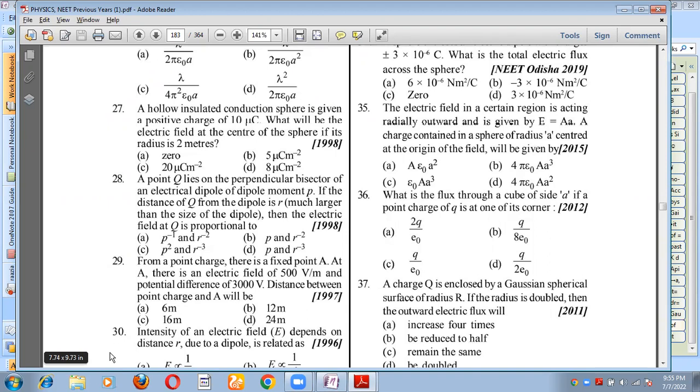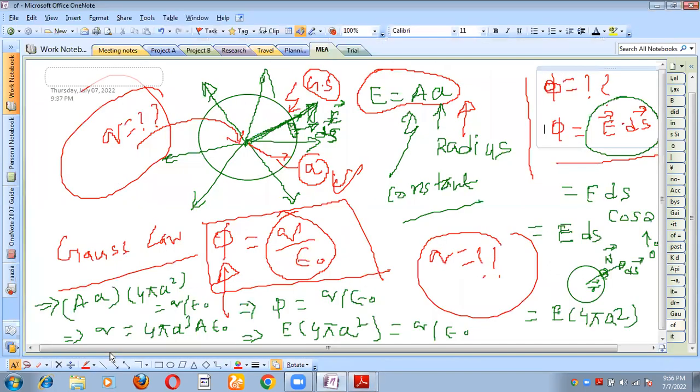According to question number 36, what is the flux through a cube of side A if a point charge Q is at one of its corners? So let us understand it through a diagram first.